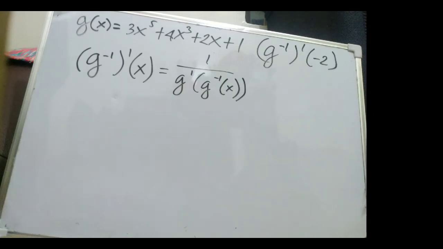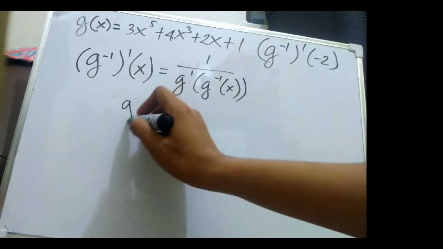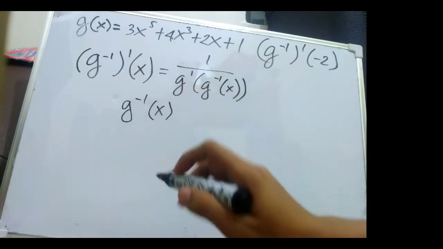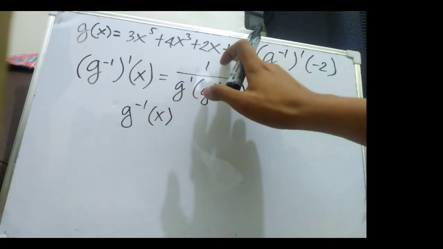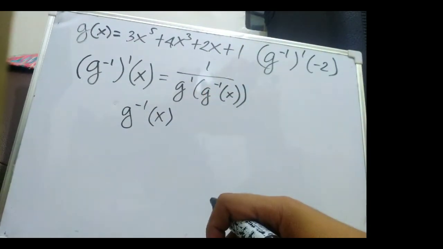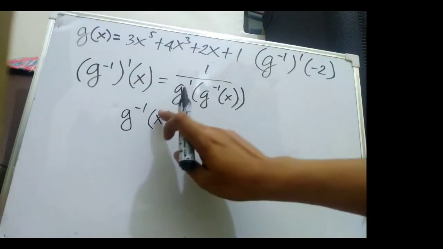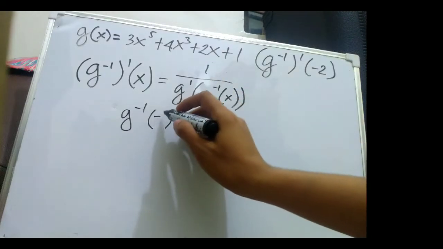So, first we have to find g inverse of x. Now, we can find it using this, but since we are evaluating, instead of going through the hassle again of finding the inverse, we can just equate this at negative 2.